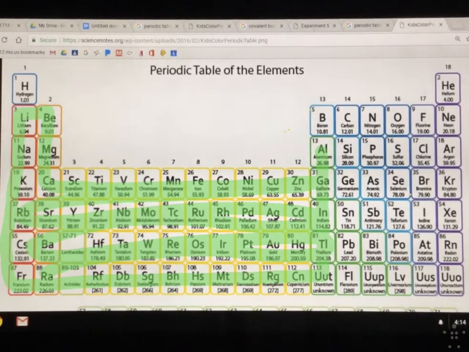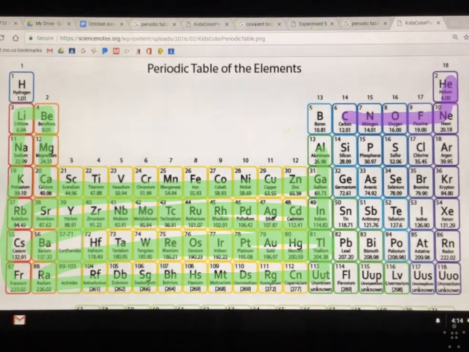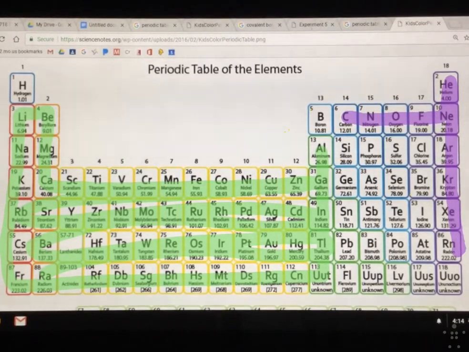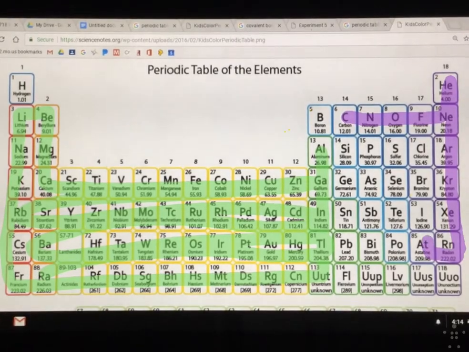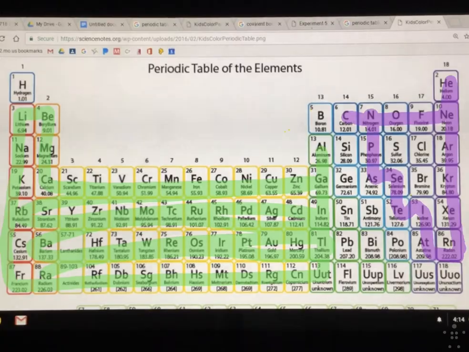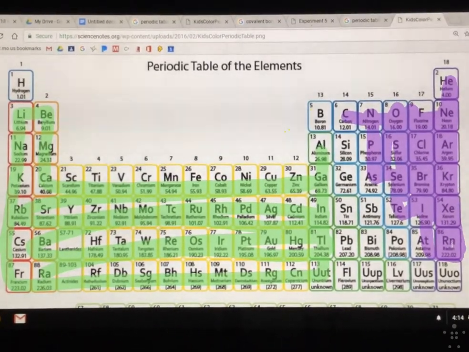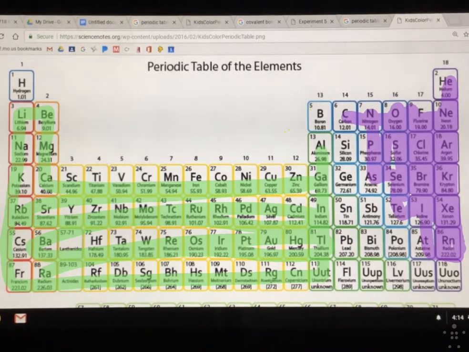So our nonmetals are all over here. So if you find something towards that purple region, it's a nonmetal. Over in the green is a metal.